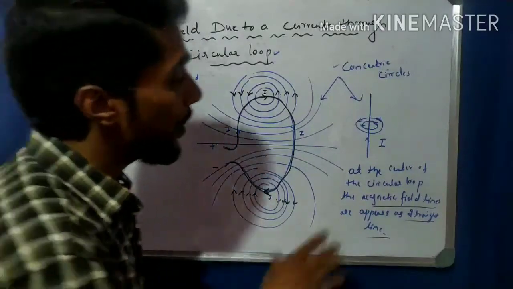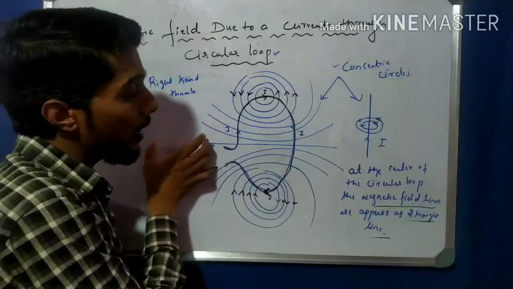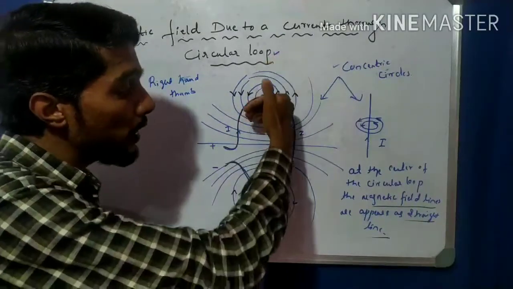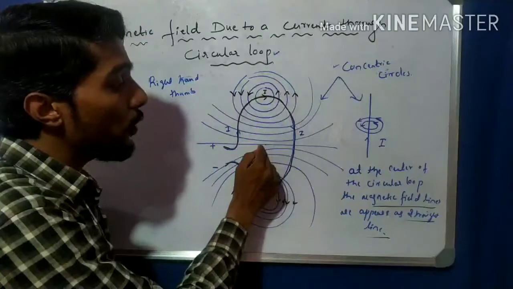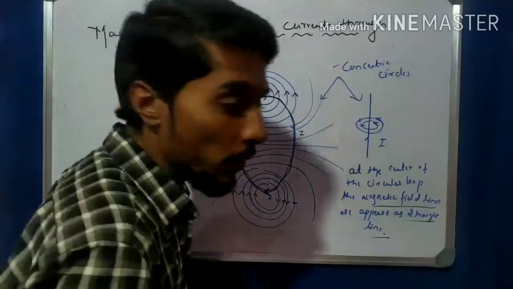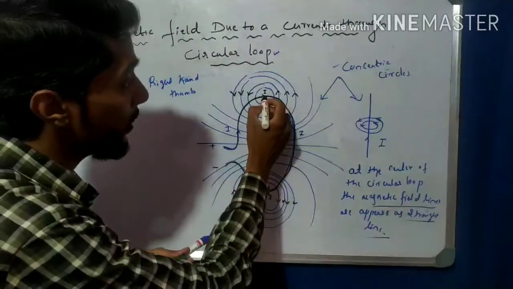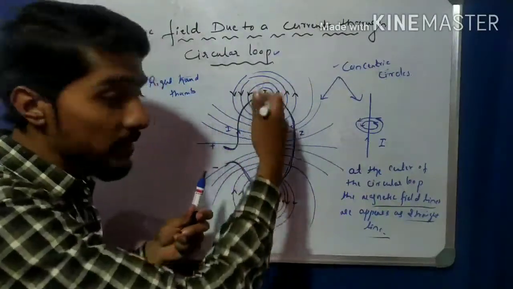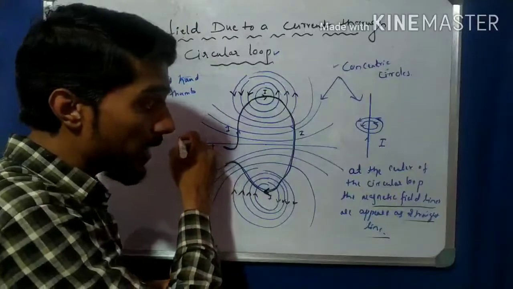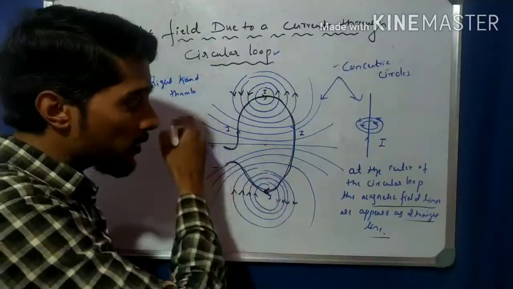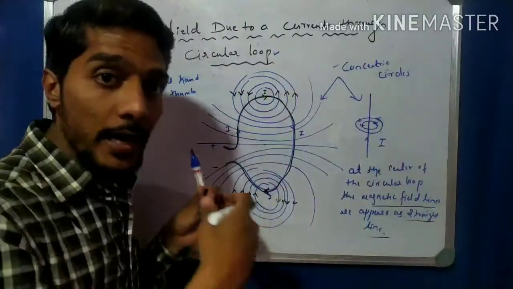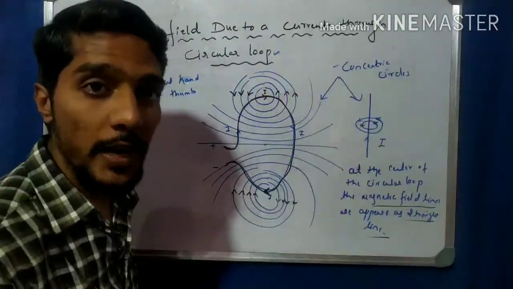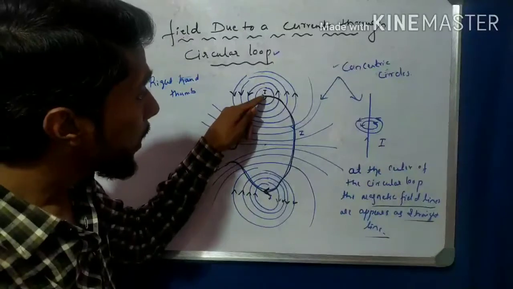One point is that at the center of the loop, the magnetic field appears to be a straight line. Whenever you reach the center of the loop, the circles increase. When we move away from the conductor, the radius of the magnetic field circle increases. So at this point, the size of the circle is very big, and the arc of the circle appears as a straight conductor.